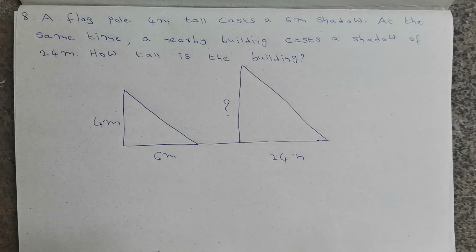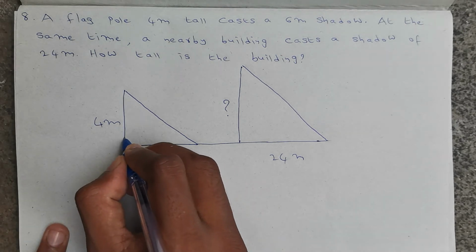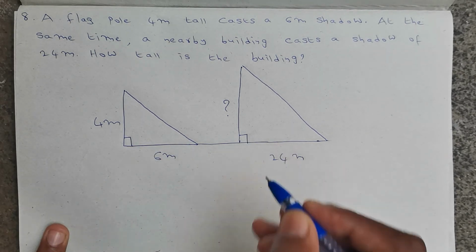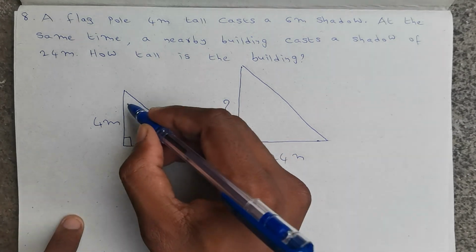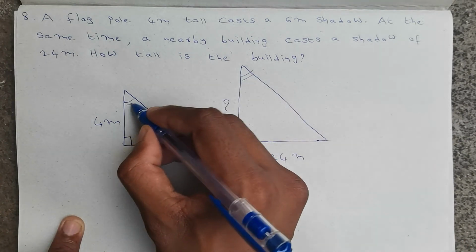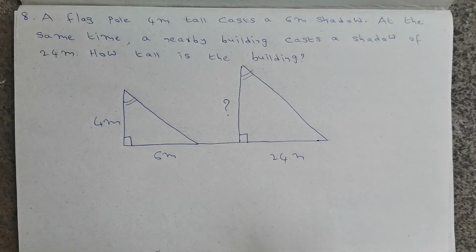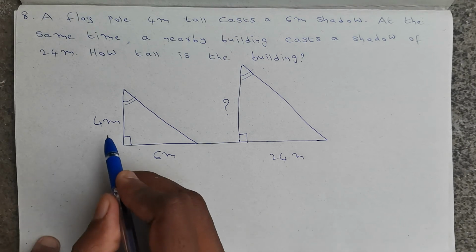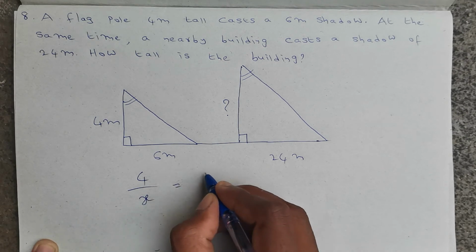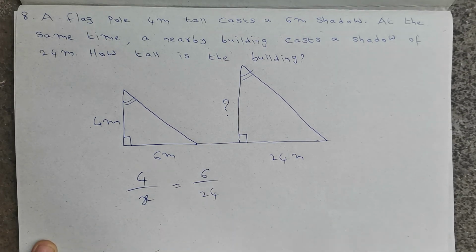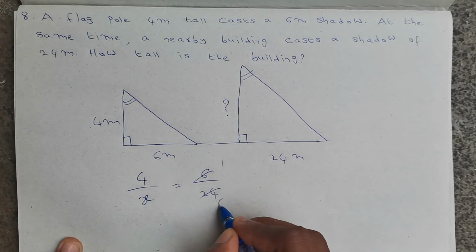So if you observe these two triangles clearly, this is a perpendicular pole, this is also a perpendicular building. So two angles are equal to each other. Always the sun will fall at the same angle. So this angle is equals to this angle. So according to AA criteria, these two triangles are similar to each other. So side by side, 4 by x is equals to base by base. 6 ones are 6, 6 fours are 24.